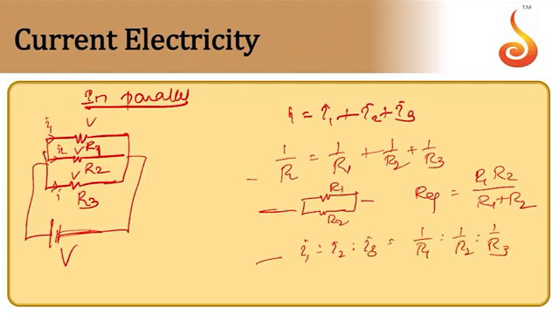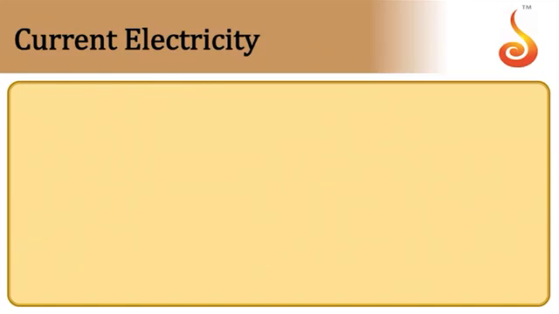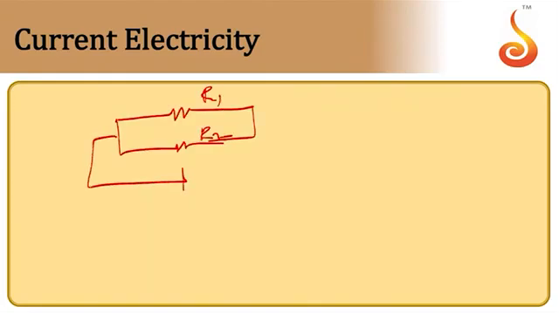So remember, a very useful formula. For example, we have an arrangement like this, R1 and R2, and here is the source, and let's assume that the currents are I1 and I2. Then the currents can be represented like this.